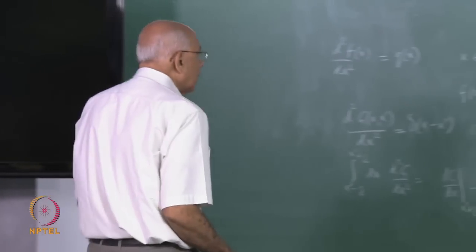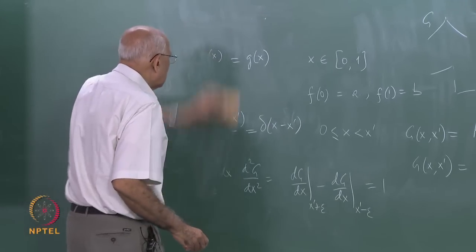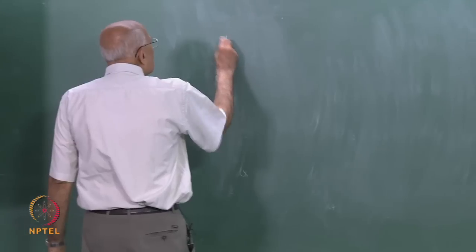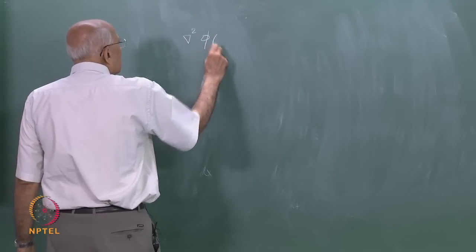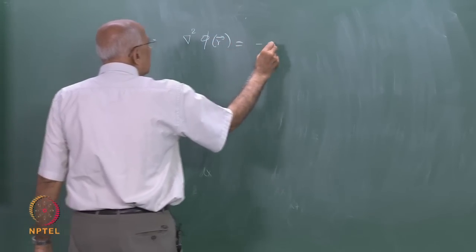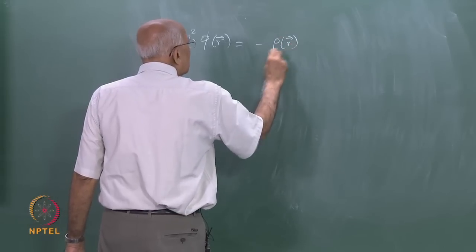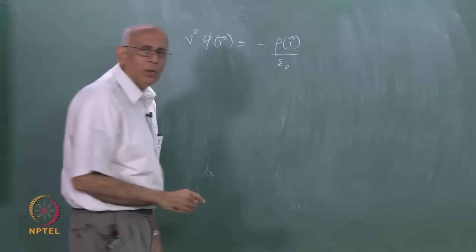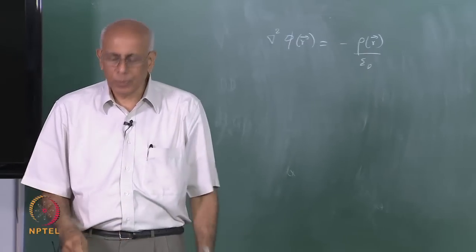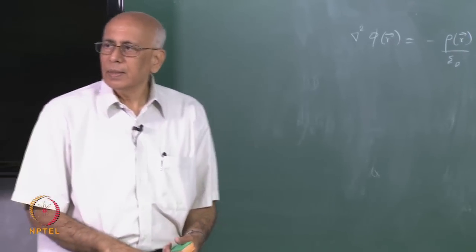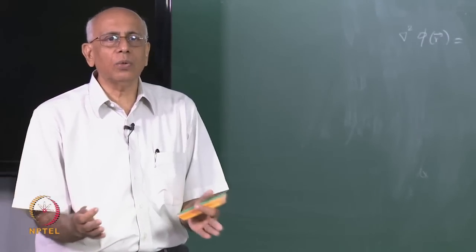So now let us go back and look at Poisson's equation. We will write the solution down by guesswork and then we try to derive it with more sensible considerations. So if you recall, this equation is the Laplacian of phi of r equals minus rho of r over epsilon naught. What is the solution to this Poisson's equation in electrostatics? It is essentially Coulomb's law.